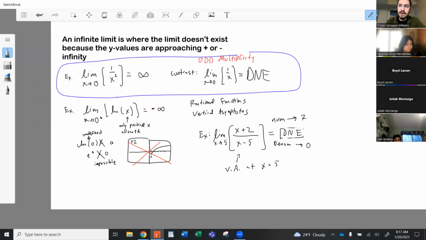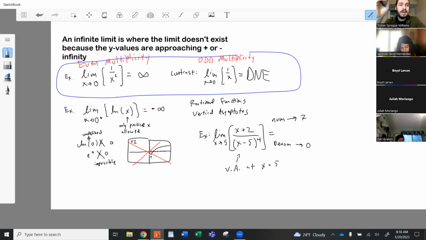But if you have an even multiplicity case, say if this is squared, or maybe to the power 4, something like that, then you end up with either a plus or a minus infinity.